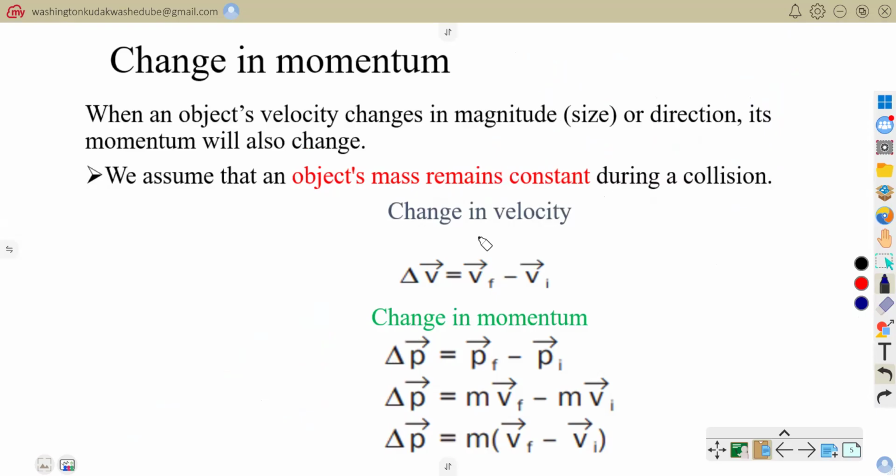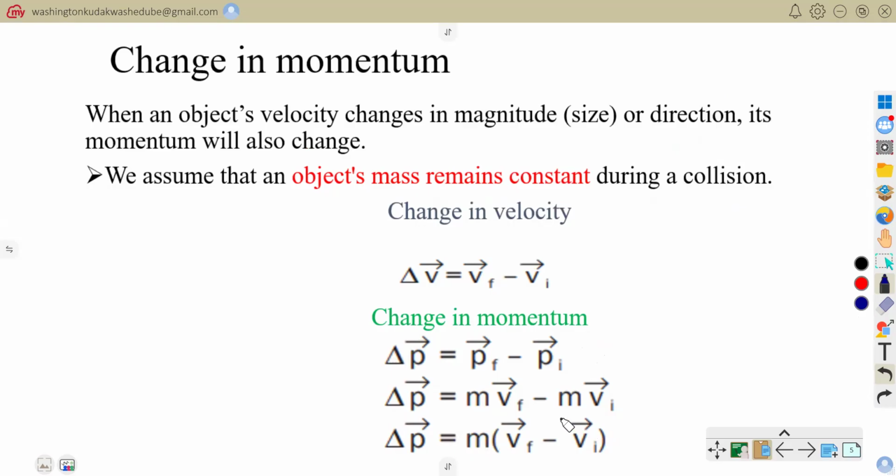So whenever we have a change in velocity, which is given by final velocity minus initial velocity, we are definitely going to have a change in momentum, which is final momentum minus initial momentum. That translates to mass times final velocity minus mass times initial velocity, which is simply the same as mass times change in velocity.